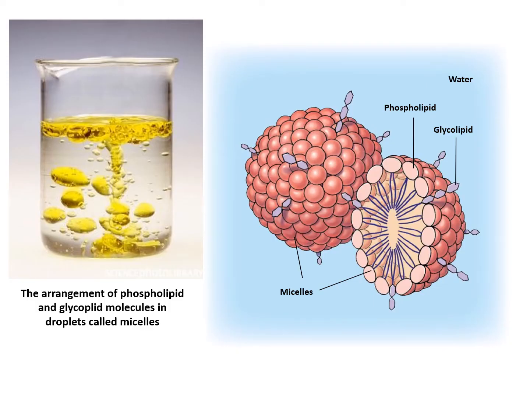Okay, and so what we can see here is a phenomenon that perhaps we've all witnessed before. Here is, right, lipids in water, as we've seen a couple times in this PowerPoint already.